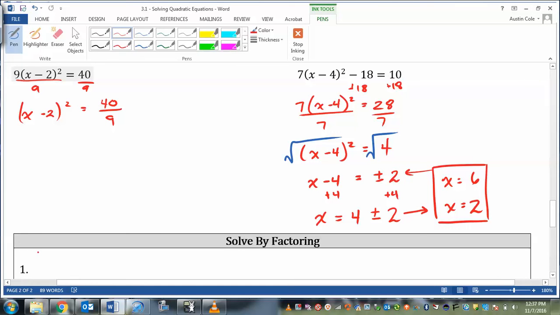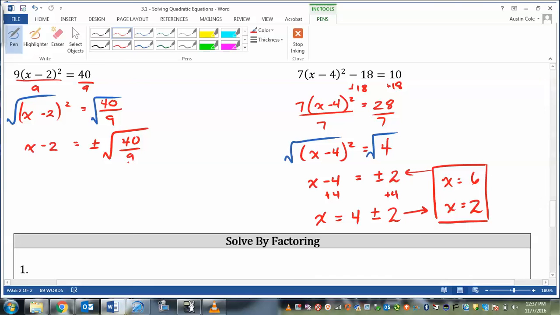Okay, now what can we do, Grace? Yeah, absolutely. We're going to square root both sides. So I'm going to get x minus 2 equals plus or minus the square root of 40 over 9. That's not ideal.